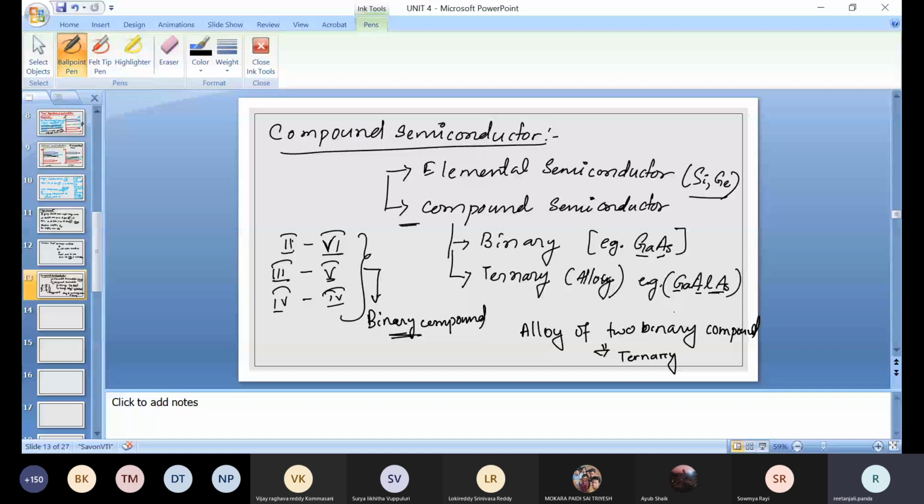Ternary means 3 elements, and it should be an alloy of 2 binary compound semiconductors. These binary and ternary compound semiconductors are in vast use, and we see these elements in our day-to-day life.